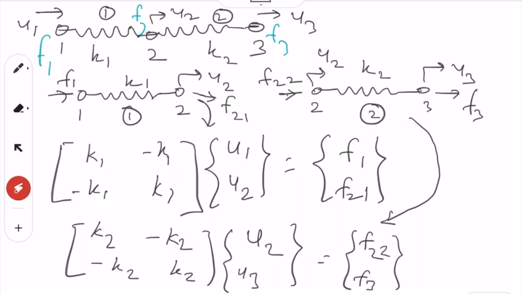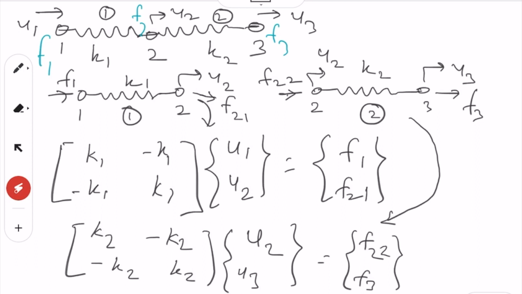So now these two equations, if we combine them together, then what happens? Okay. So what we have to do is expand these two equations, then expand these two equations, and write them in such a way that we can combine them. Instead of saying U1, U2 and U2, U3, we write U1, U2 and U3, and then we will see what we can write on this side, what we can write on that side.